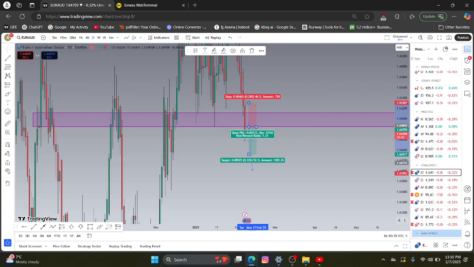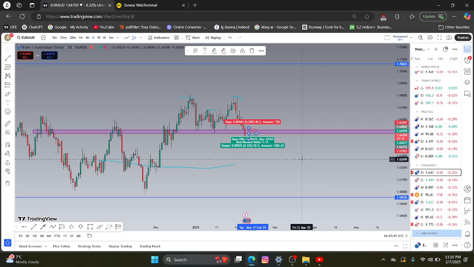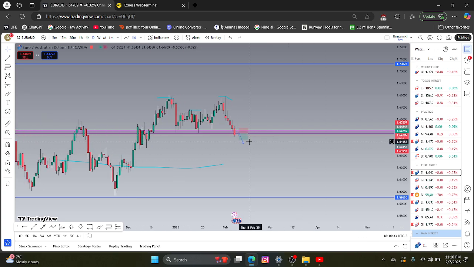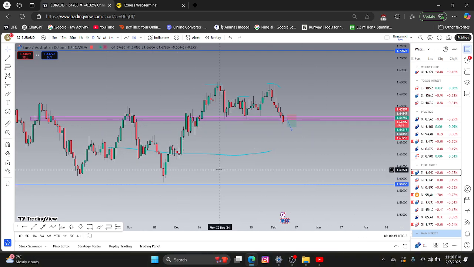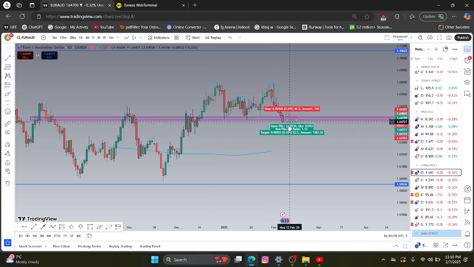And since this is the daily, you can see if this market really plays out, the market is probably going to drop significantly, and it's probably going to drop even up to here, this level here.